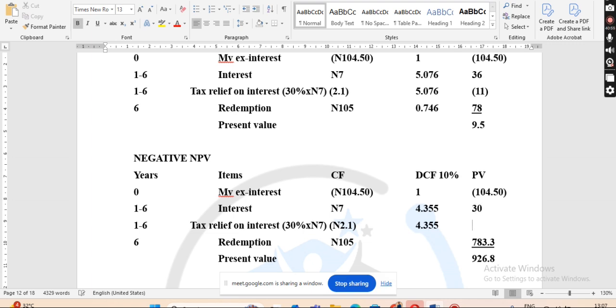Okay, let's see. Next, what do we have? 2.1 times 4.33. It's trial and error. Quickly, class. 9. Okay, good. So the last, please. What is the DCF for 10%?